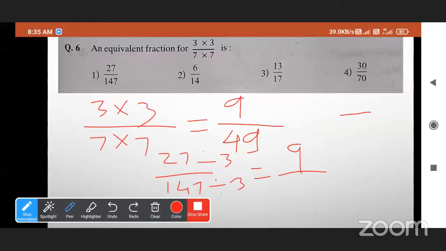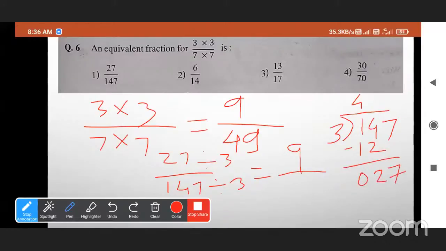Now we divide 147 by 3. 3 fours are 12, 3 nines are 27. Okay, so it comes 9 upon 49. So is it equivalent?